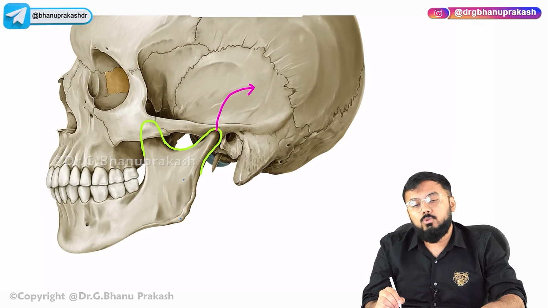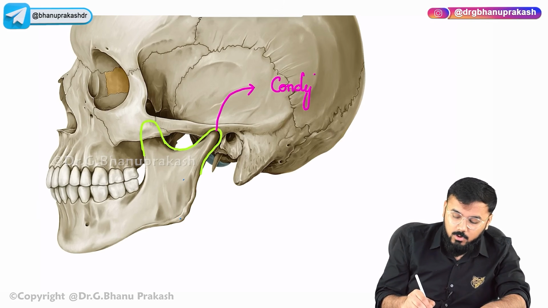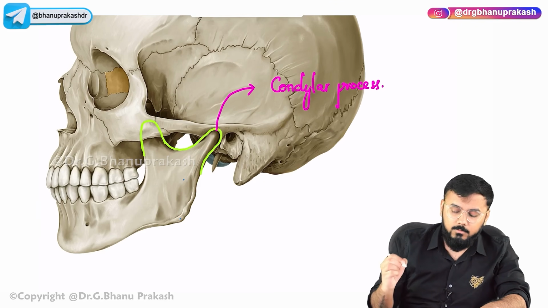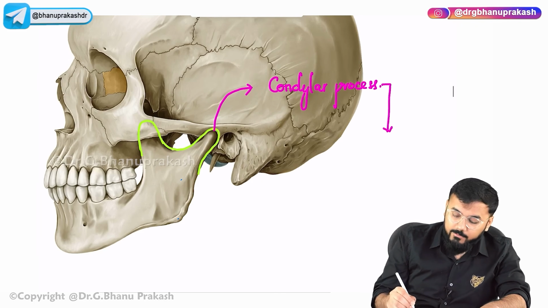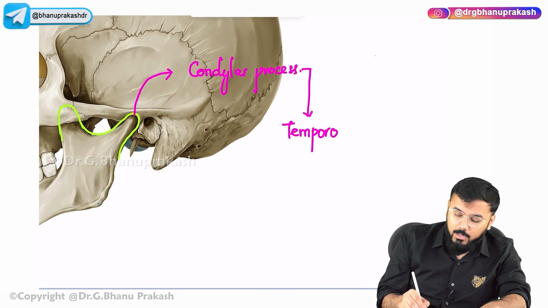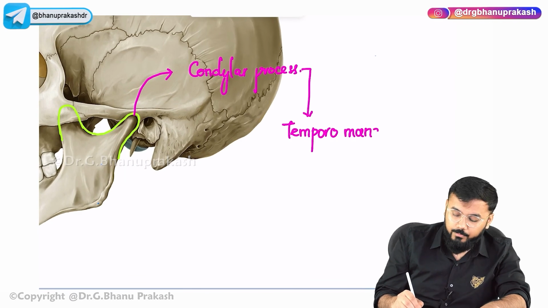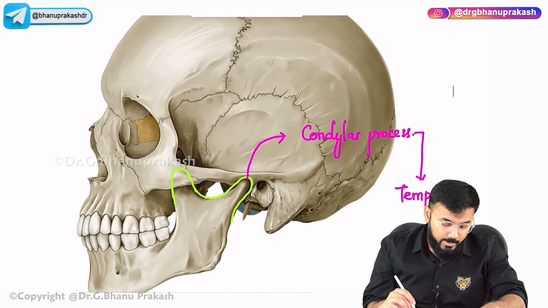This is called the condylar process. This condylar process is the one which helps in the formation of the temporomandibular joint.